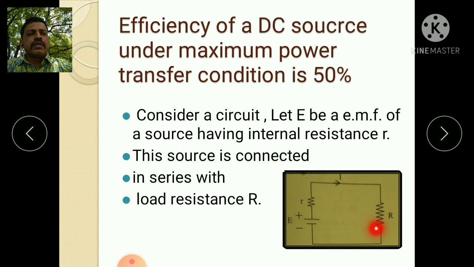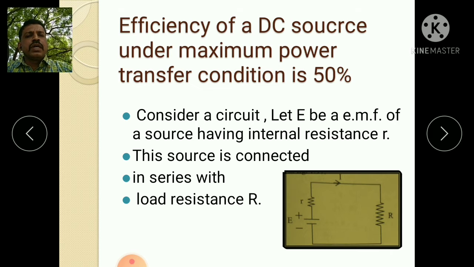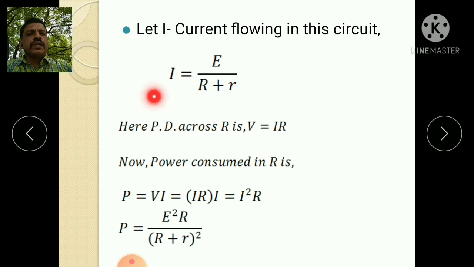Again the resistance is capital R and current I flows. Elsewhere there is no resistance, so the potential drop is 0, and the battery's negative terminal comes first. Therefore r into I plus R into I equals E, and so we can write I equals E upon R plus r.